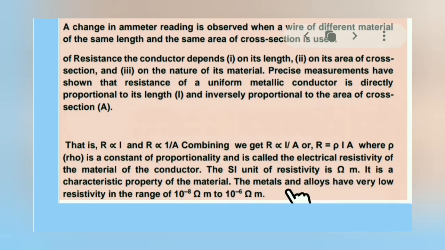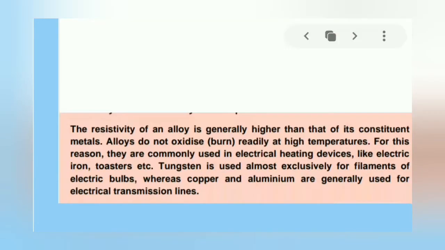Metals and alloys have very low resistivity, in the range of 10 to the power minus 8 ohm meter to 10 to the power minus 6 ohm meter.